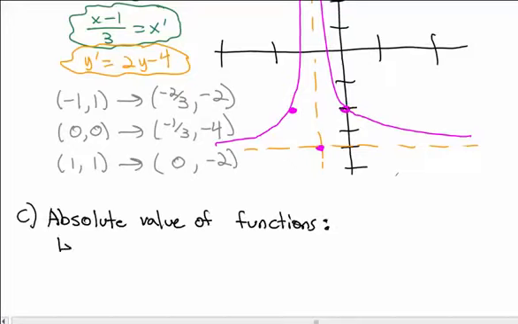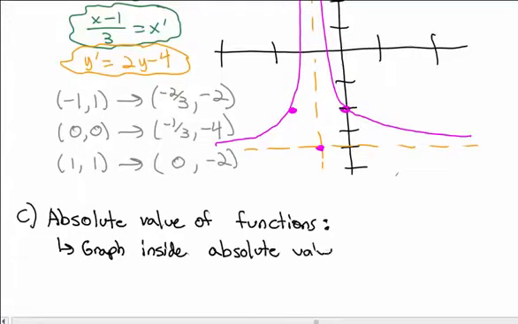Absolute value makes things positive, right? So first we will graph what is inside the absolute value, then we will make the negative positive.